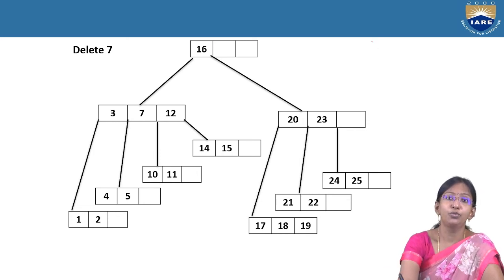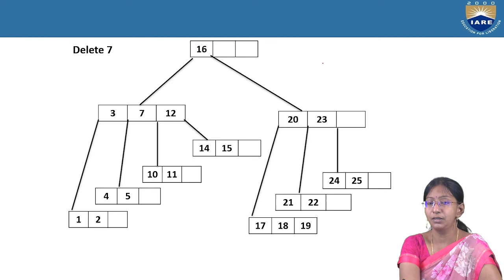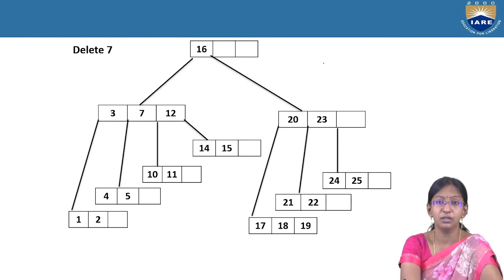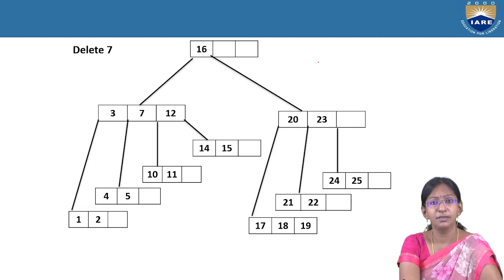So please let us recollect whatever the things which we have seen in this session. Basically, what is a multi-way search tree and what is a B tree, how we perform search, insertion and deletion operations on B trees, and what are the applications of B trees.